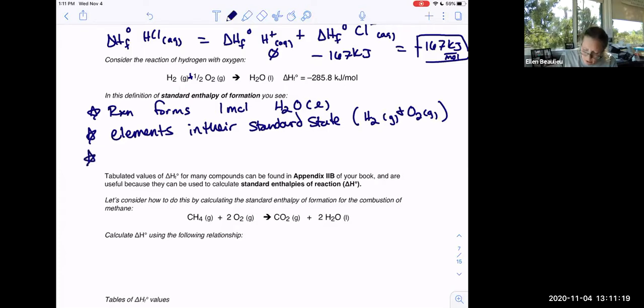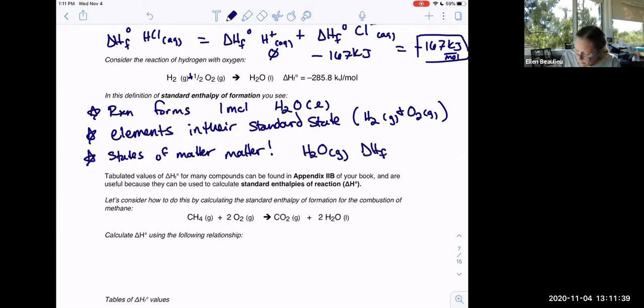The last thing I'll call your attention to is states of matter. If I were to take hydrogen gas and oxygen gas and try to make H2O gas, the delta HF for H2O gas is not the same as the delta HF for liquid water.